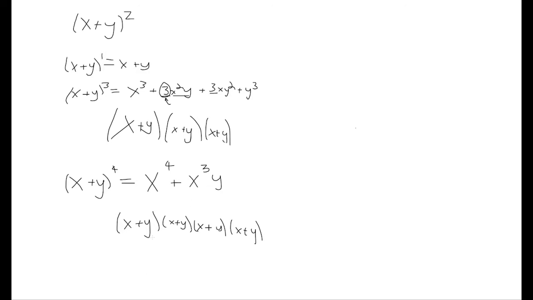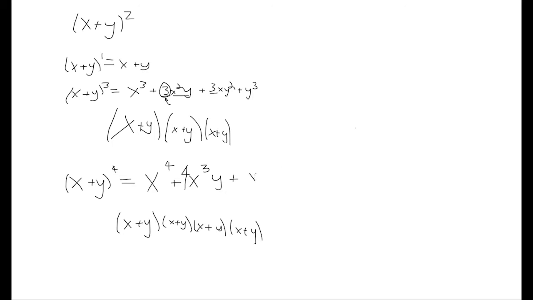How many different ways can one of these be a y? Well, this one can be a y, or this one, or this one, or this one. So there are 4 different ways because there are 4 different x plus y's that could be the y. So there's going to be a coefficient of 4 there. And we're seeing that we're able to get these coefficients from the combinations.